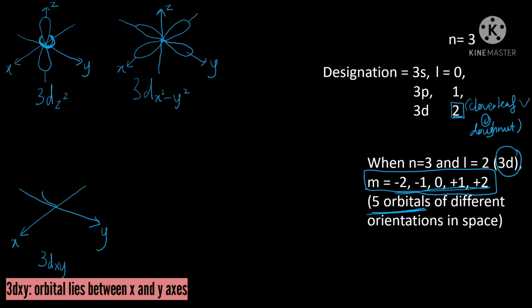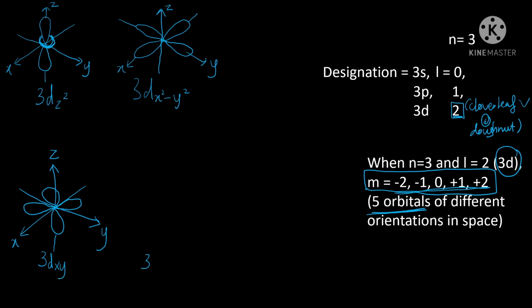So basically refer to this region, this region, this region, this region, and this region. And then the z-axis is piercing through the middle of it, like this. So this is the 3dxy orbital.